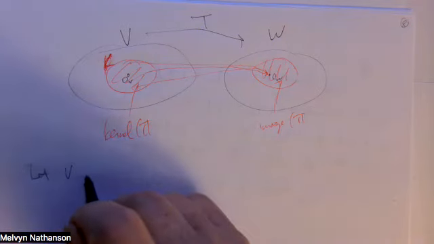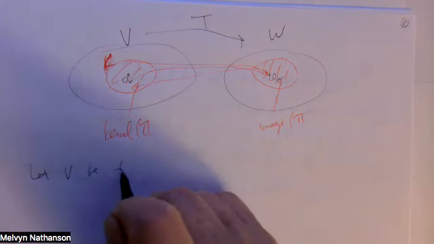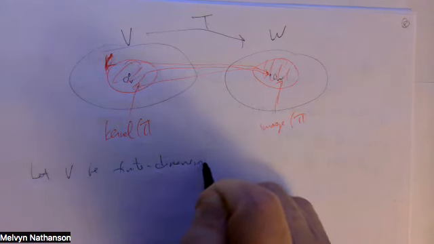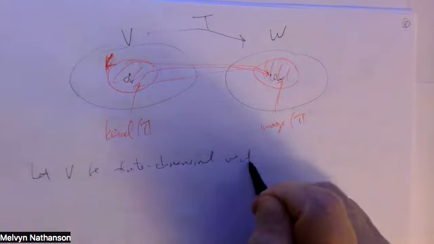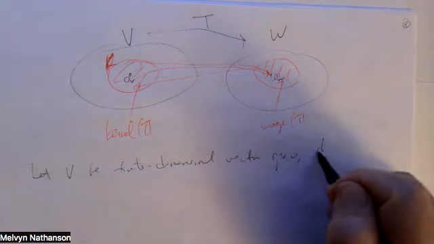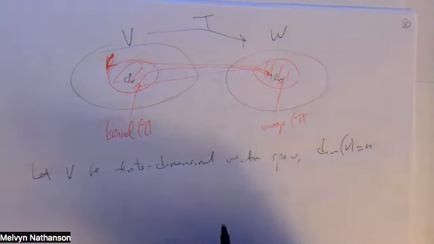Suppose V is a finite dimensional vector space. So let's say the dimension of V is equal to n.